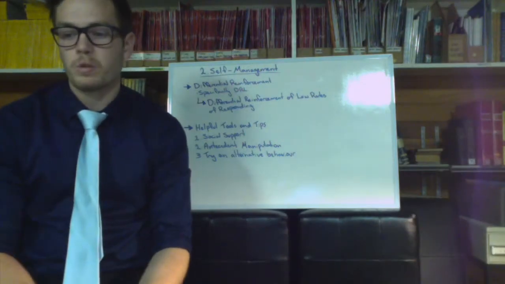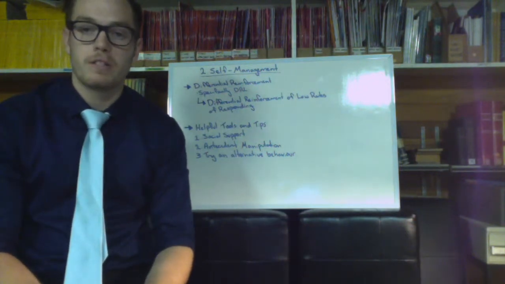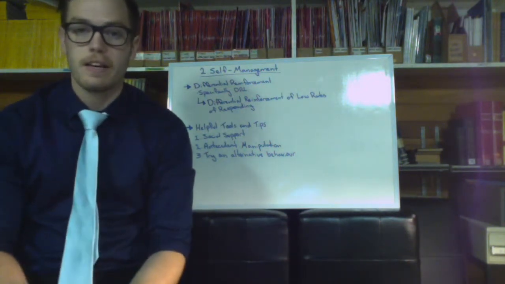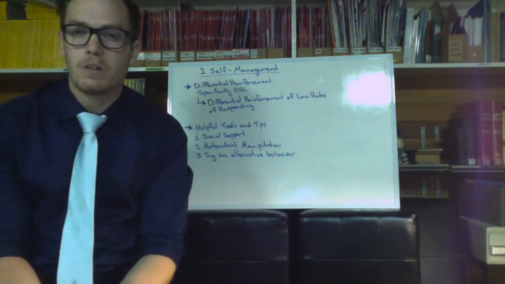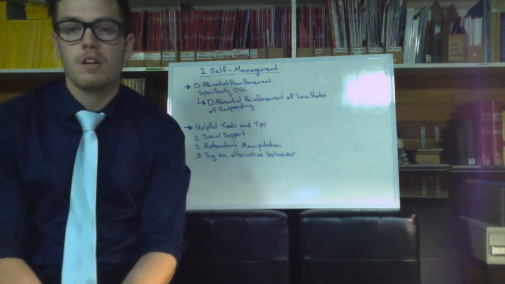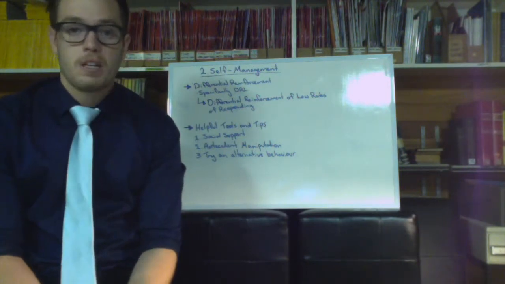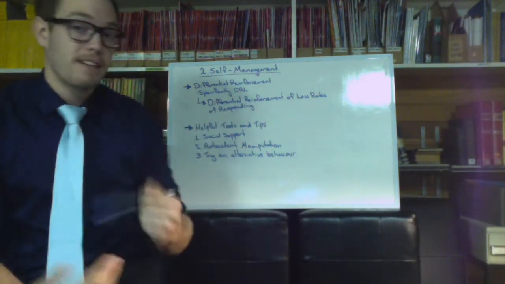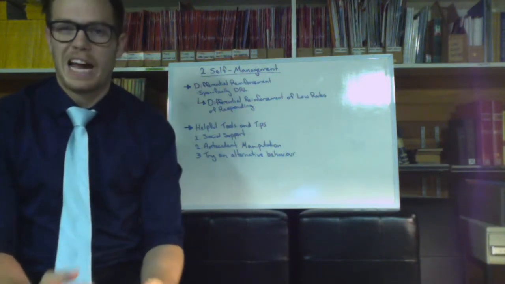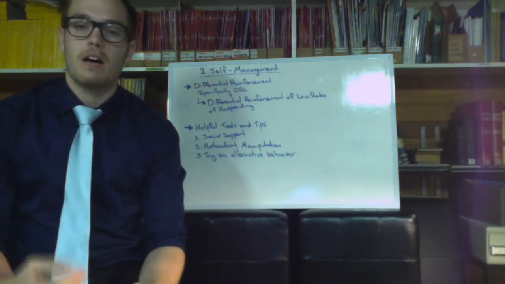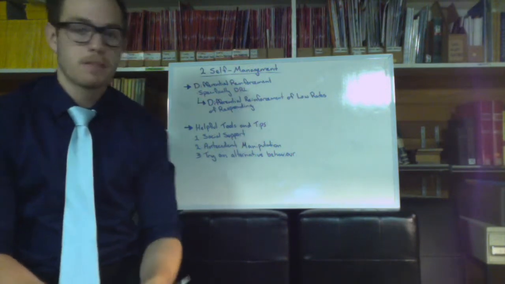There are a couple of tools one can use to maximize your intervention's success. These include social support, antecedent manipulations, and trying to find an alternative behavior for smoking. With social support, you can get friends and family involved to help you to quit. This could include them just saying, how's your day going? How many cigarettes have you smoked, perhaps?